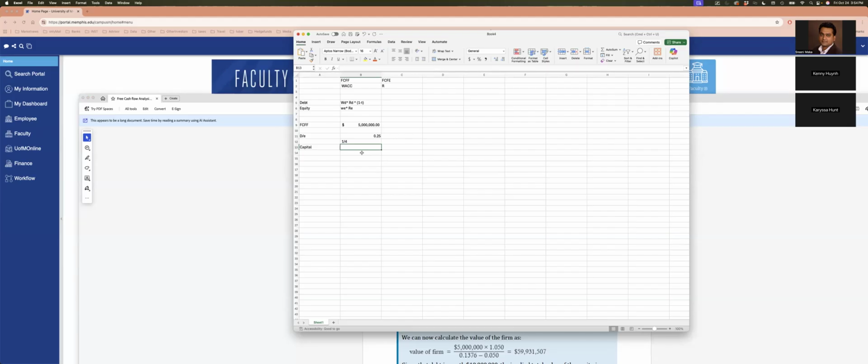Debt plus equity, 1 plus 4 equals... five. So debt is 1 over 5, which is 0.2.